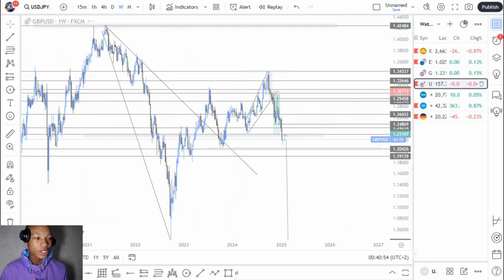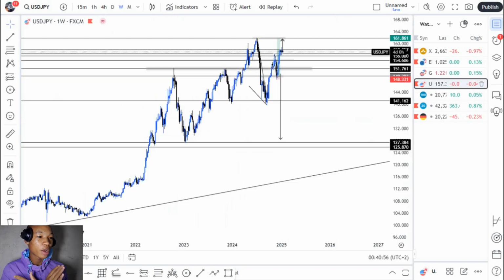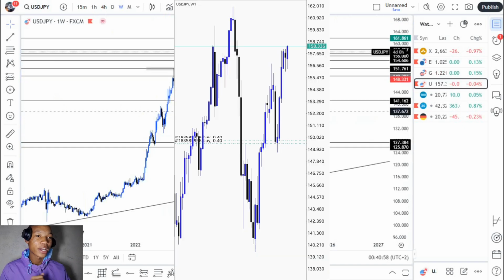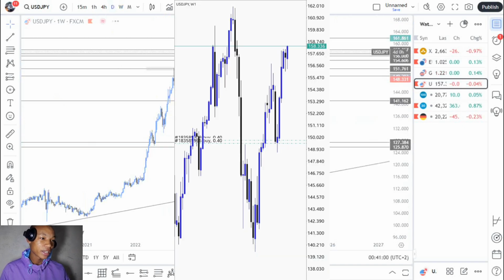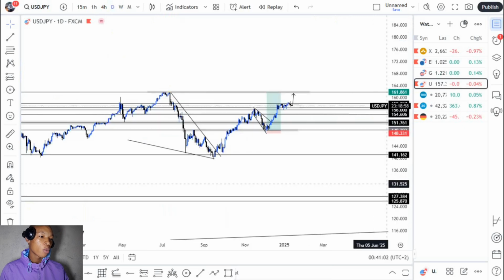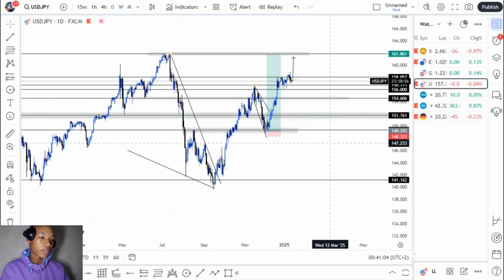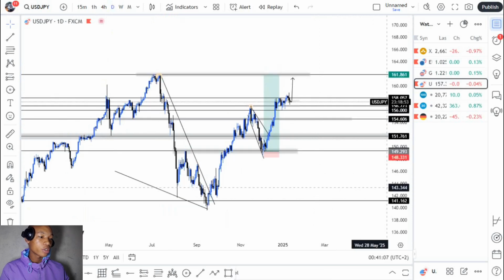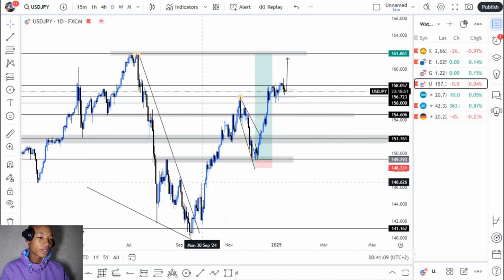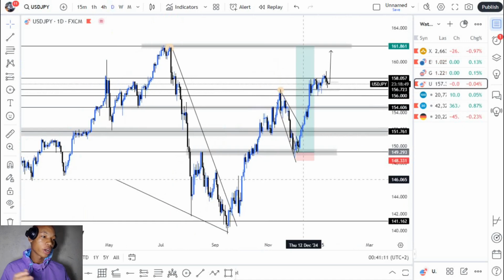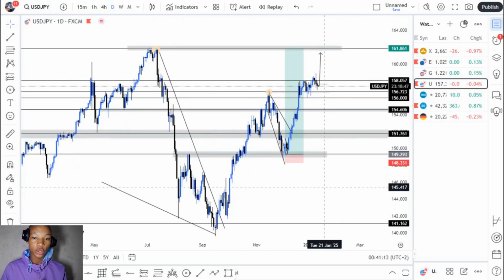And then Usdjpy is still pushing for those beautiful buys. The market hasn't reached our 90% yet guys, but we're still pushing for those beautiful buys. Usdjpy has just been respecting our setups. Ever since I started analyzing this with you guys, we've never come across any loss.